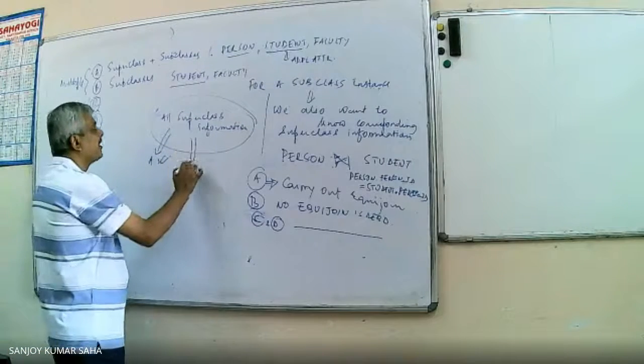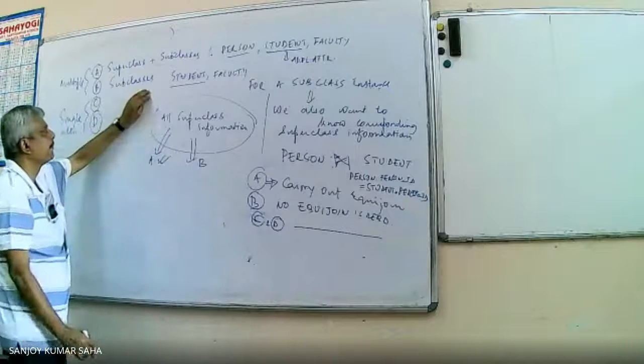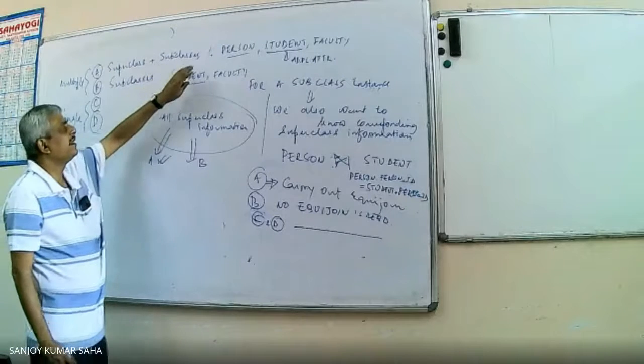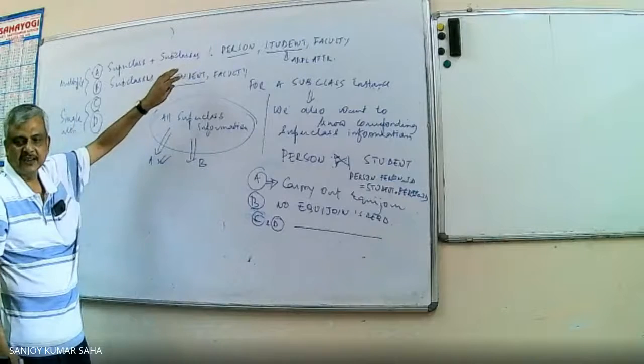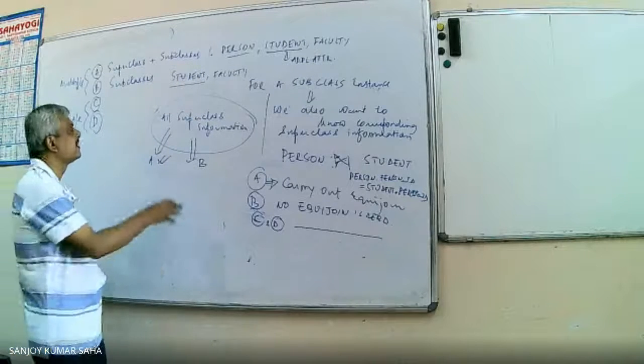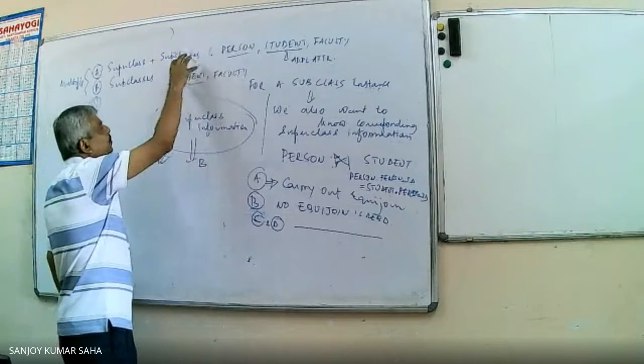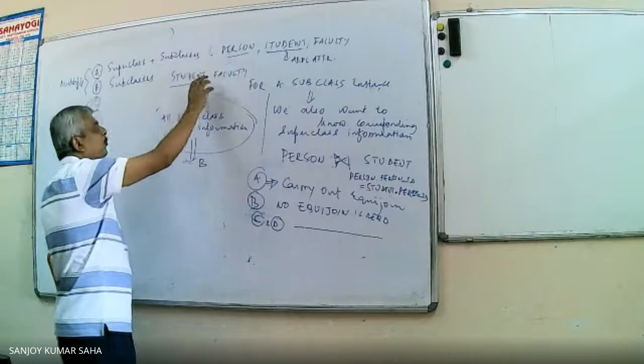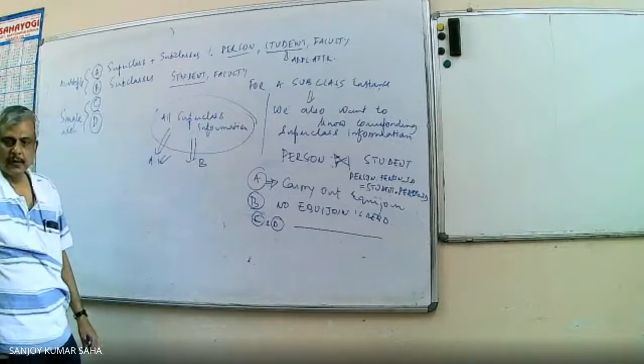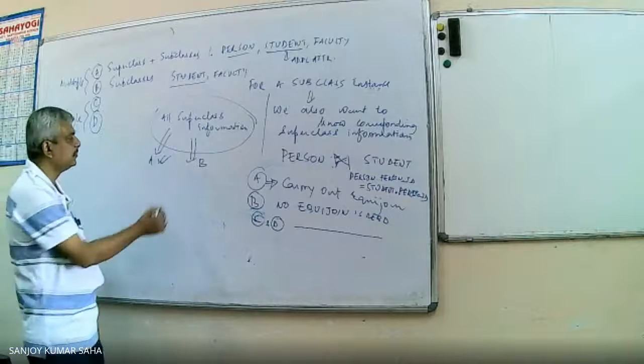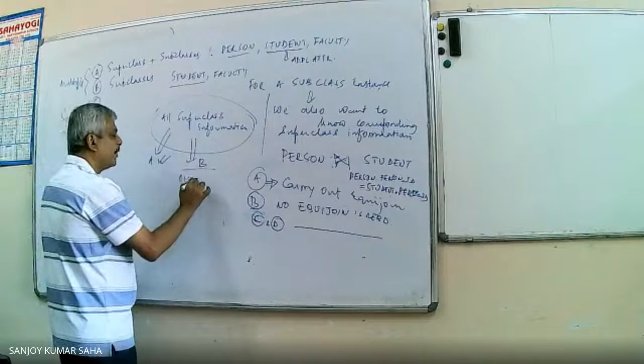But if we think about model B, there is no separate superclass relation. So superclass instances are divided into these two, student and faculty. If it is overlap, then we have common instances. Then what shall we do? We will have to go for the outer union operation.